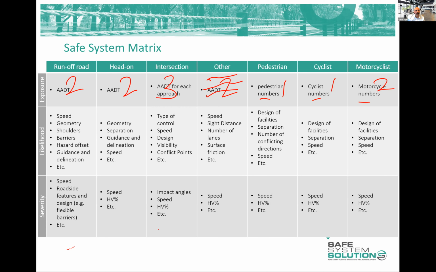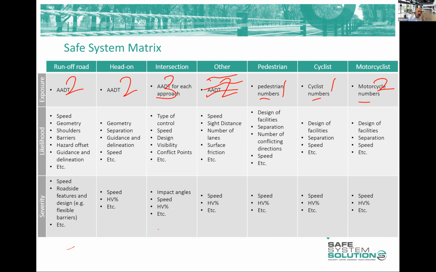You're really good at looking at what characteristics of the road environment are increasing the chance that a crash is going to happen here: speed, geometry, presence of shoulders, delineation, lighting, surface issues, the layout of the intersection, sight distances, crossing distance. These are all things that are going to influence the chance that a crash happens.